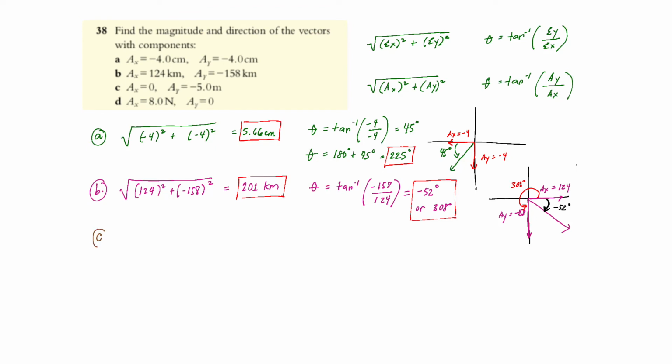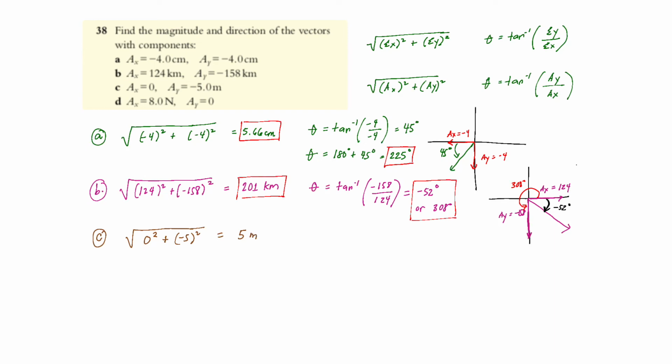Now, how about item C, wherein the AX is 0? Still we apply 0 squared plus negative 5 squared, and the square root of that is 5 kilometer, or 5 meters, by the way, 5 meters.